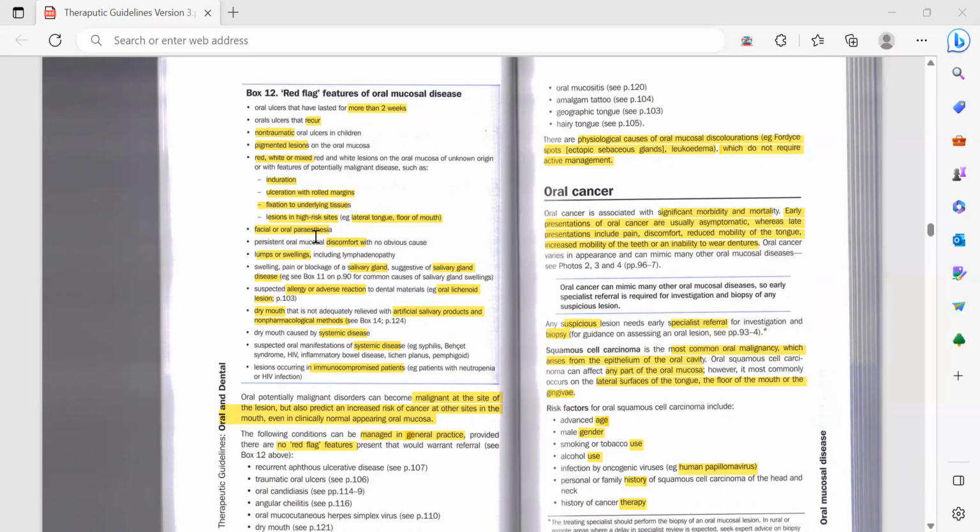Okay, and the other thing is the paresthesia. You all know that this numbness or the paresthesia is a characteristic sign of oral cancer or any cancer. Persistent oral mucosal discomfort where you cannot find what is the cause of the patient's pain. Or sometimes the patient comes to you, he has had an extraction done, but the socket is not healing and it's been so many weeks now.